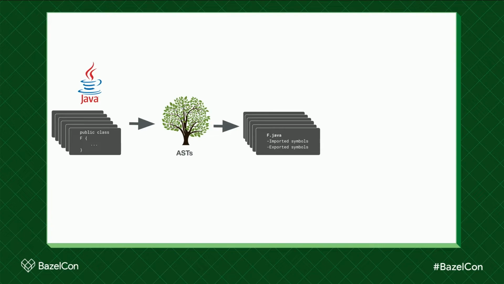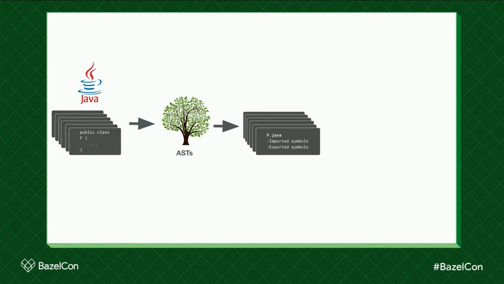So an imported symbol is any symbol that you use in a file that you don't define in that same file, meaning it was defined somewhere else. So any method invocation, field reference, a class instantiation, anything that you use in a file that was not defined in that same file is an imported symbol. And then exported symbols are just any non-private symbol that you define in that file that could conceivably be imported in another file.